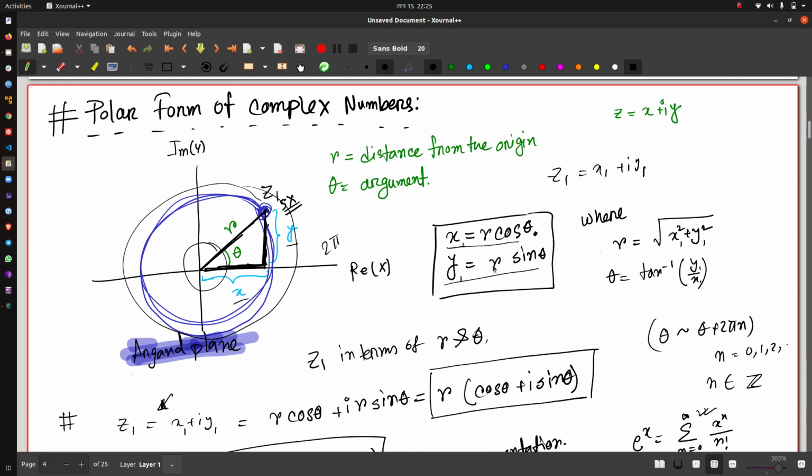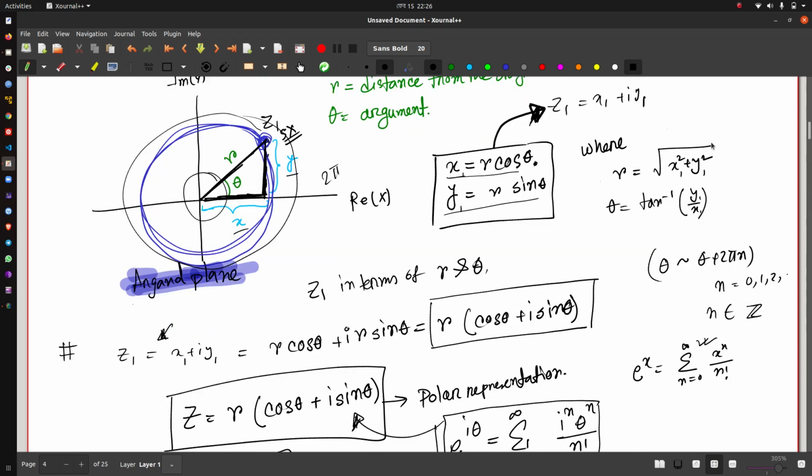This is basic trigonometry. So this is one way to represent the components of a complex number from Cartesian coordinates to the polar coordinates. That means you are taking x and y and you are expressing them in terms of r and theta, and if you then use these expressions and put them over here in the z, you should get something like this.